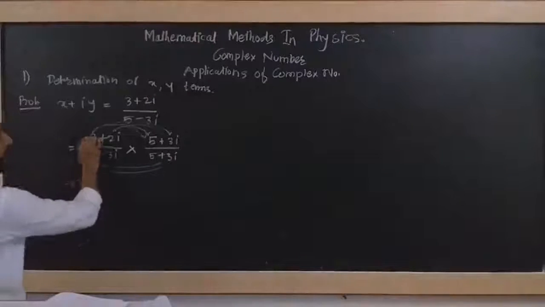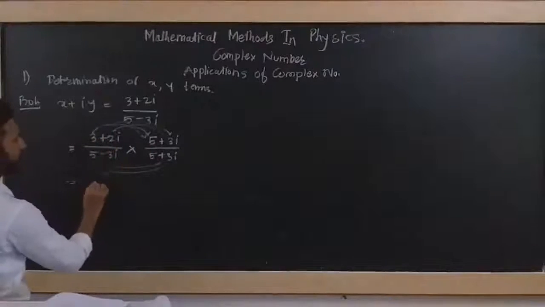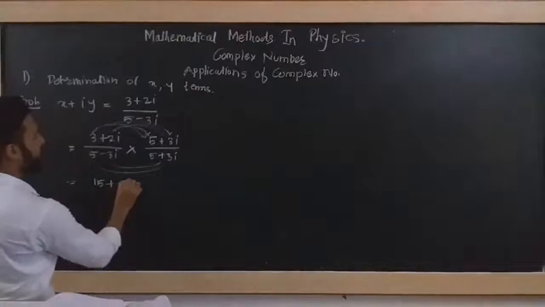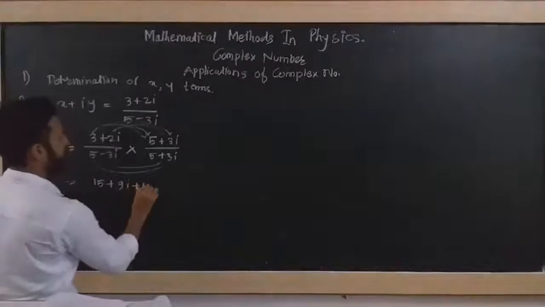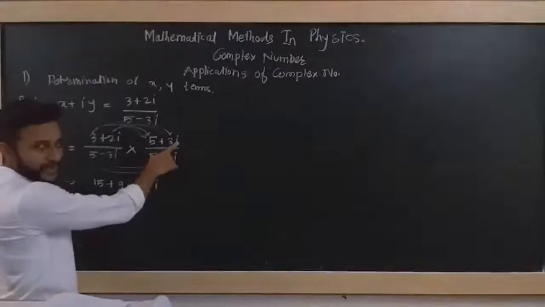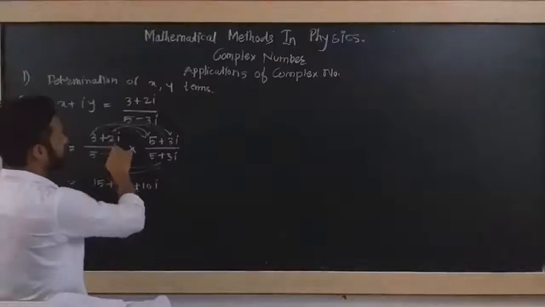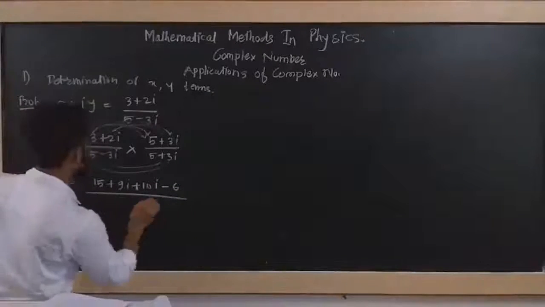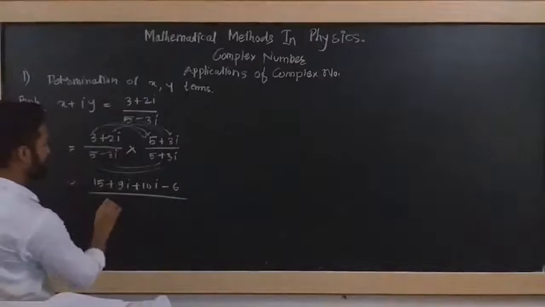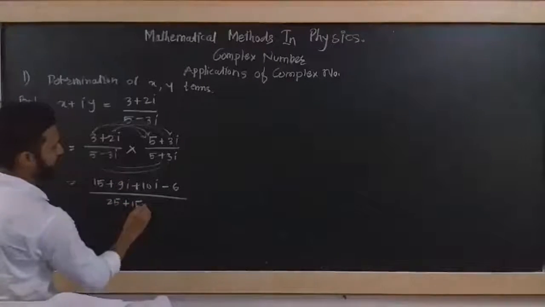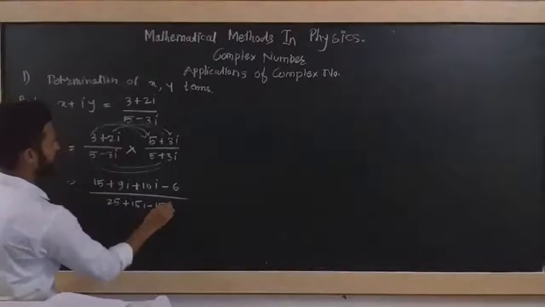So we can multiply here: 15, plus 9i, plus 10i, and then i into i square, where i square is minus 1, so minus 6, divided by similarly 25 plus 15i minus 15i.